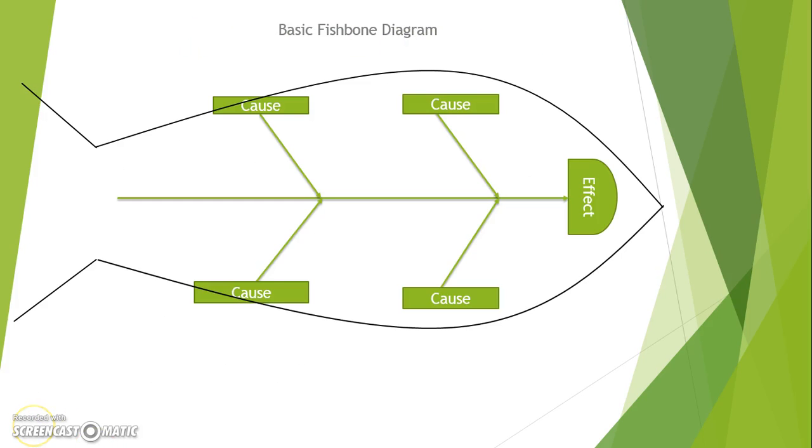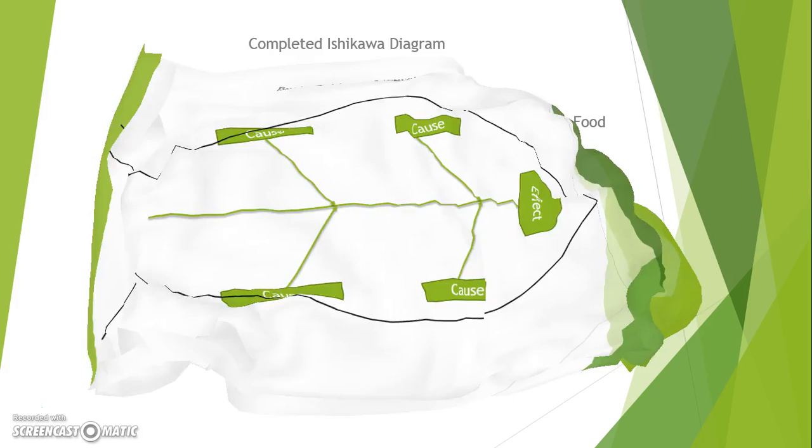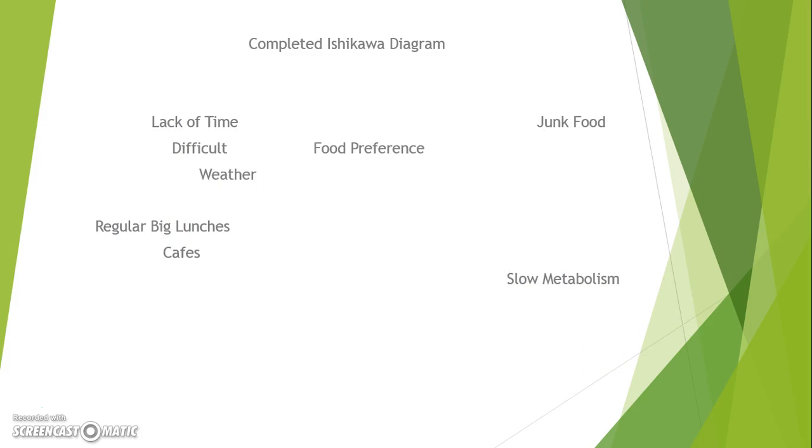This is what a fishbone diagram looks like. As you can see, it is shaped like a fish, hence the name the fishbone diagram. The effect is the problem and the causes are the ribs extending from the problem. Now we are going to complete the fishbone diagram based on the information we used from the example.